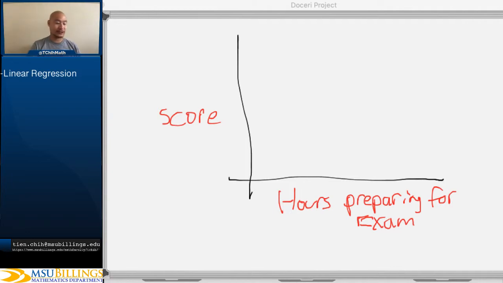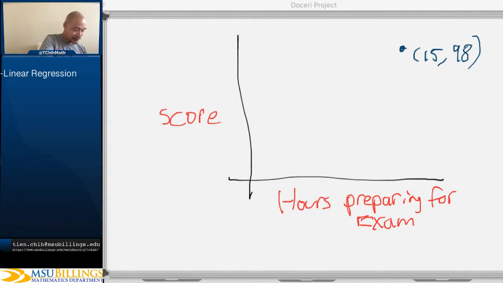All right, and so let's go ahead and plot a bunch of points for this. I'm not going to go super overboard with a lot of points, just trying to make a point about what we're talking about and how it works. So let's say one student prepares for 15 hours and receives a score of 98.